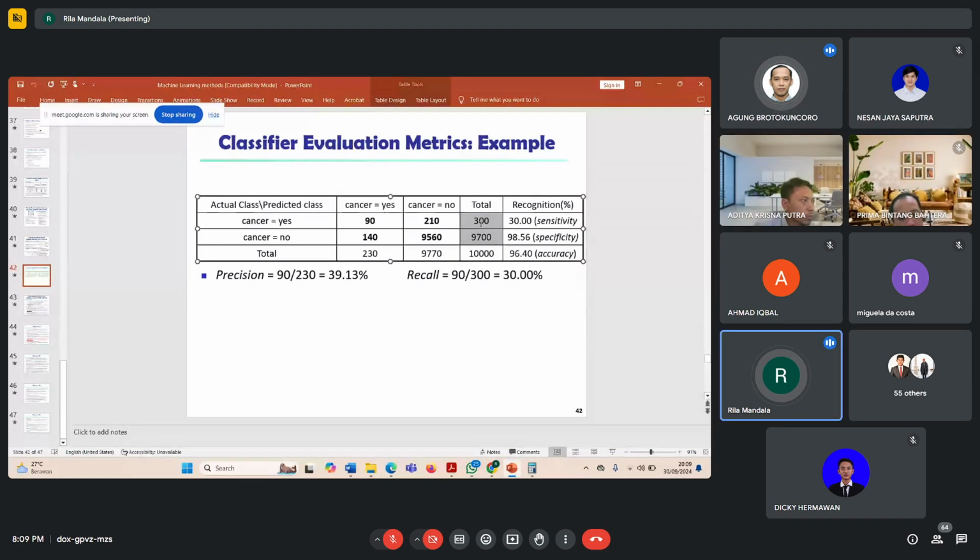Which one, no cancer? That's correct. Matching the size. The easiest, quickest way: you delete the no cancer data until it becomes 300. Okay, now balance.